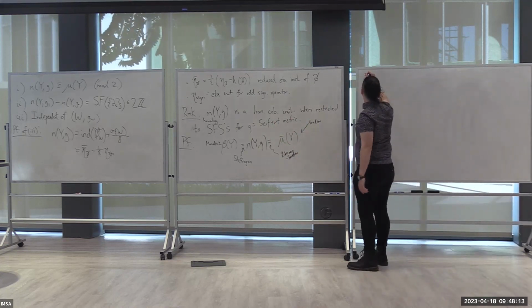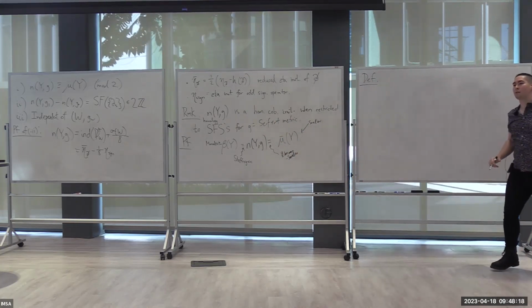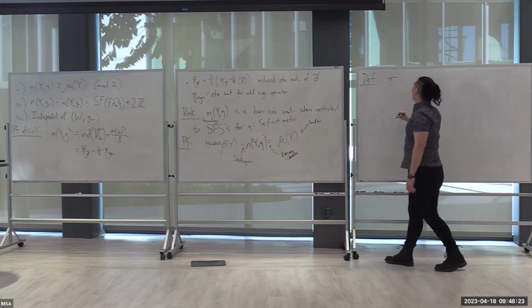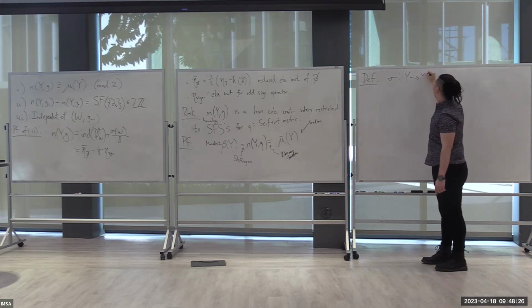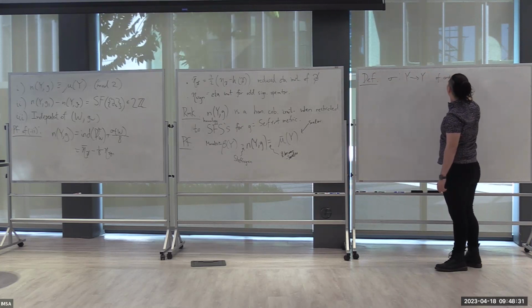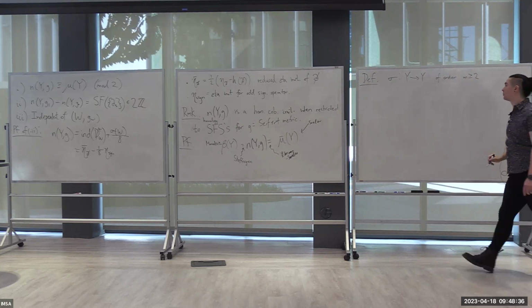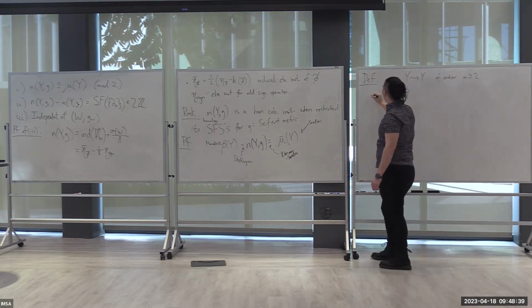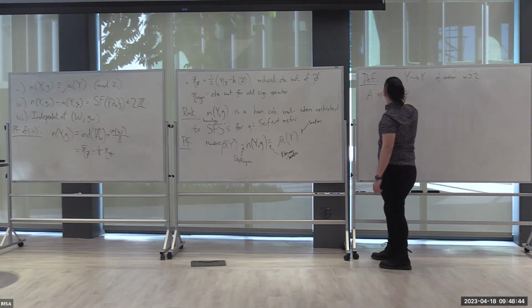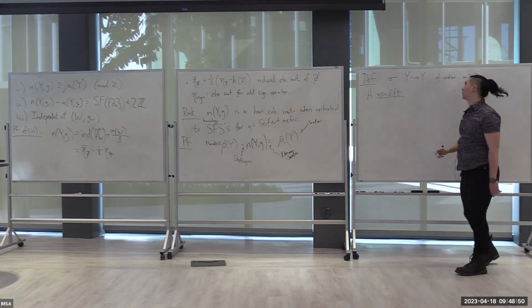I'll just state a series of definitions. Let's say I have a diffeomorphism sigma of my homology sphere of order some integer n.